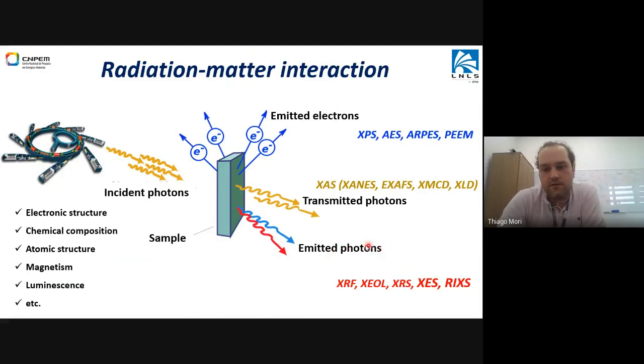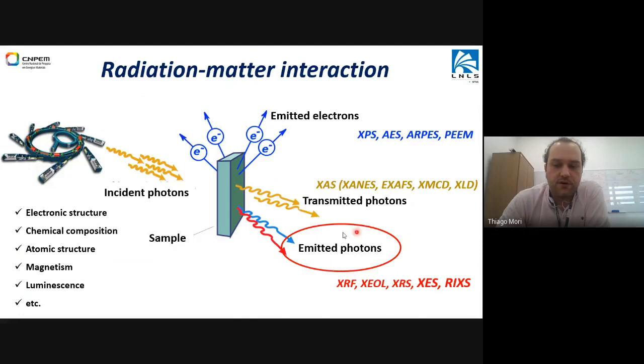I mean, we can have photons elastic scattered or inelastic scattered, and we can use this to study the electronic structure, to get information about chemical composition, about atomic structure, about magnetism, about luminescence, and everything related to the material structure. And then, depending on what product of the radiation-matter interaction we are interested in, we can have different spectroscopy techniques.